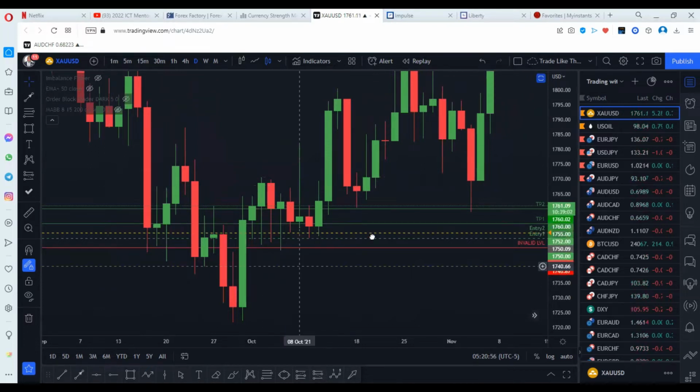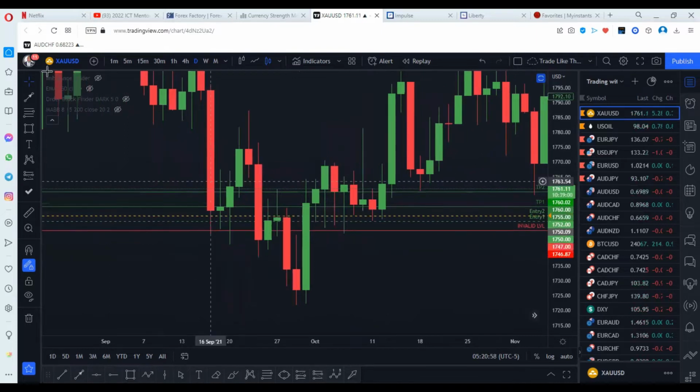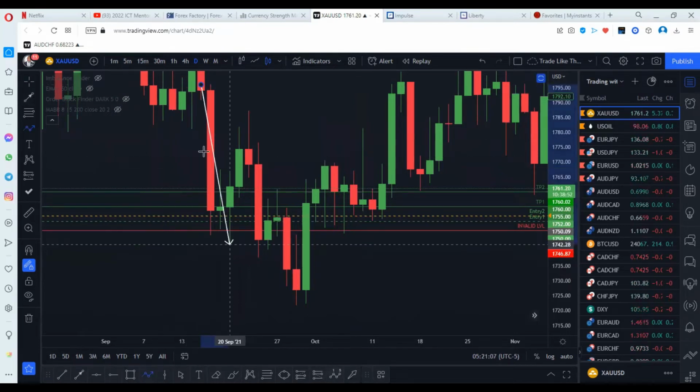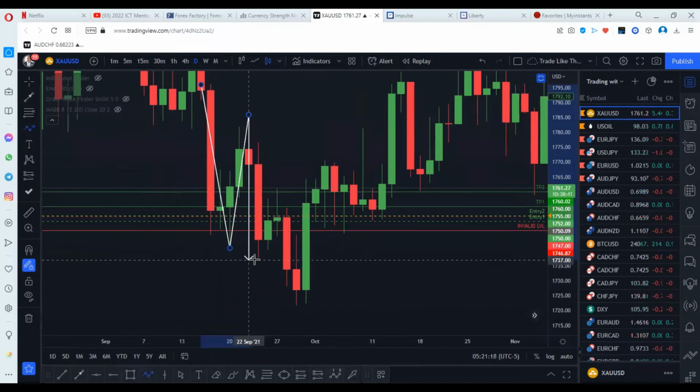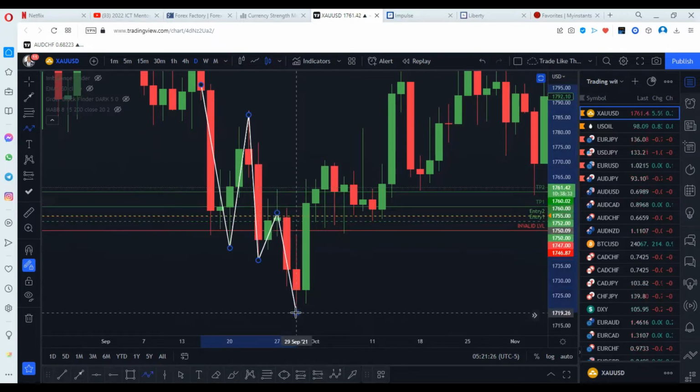All right, we have two right beside each other. So let's start with the downtrend. So price pushes down, creates a low, pushes back up, breaks this area, pushes down, comes back up, retests that area, and then pushes down.